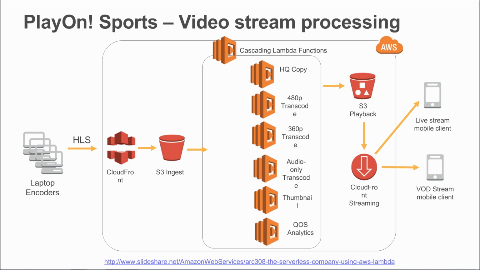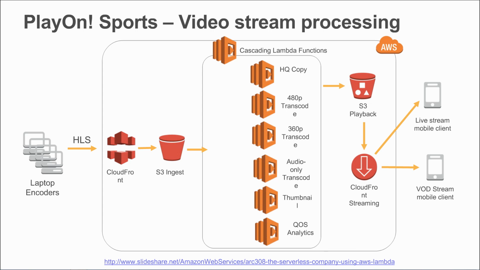And the way that's implemented, here on the screen, is completely serverless. So this company's got a laptop encoder that allows those attending the event to record the video and stream it through CloudFront and S3 in real time. And as those objects, those video chunks, land inside their S3 bucket, they're using that as an event source for a cascading set of Lambda functions.